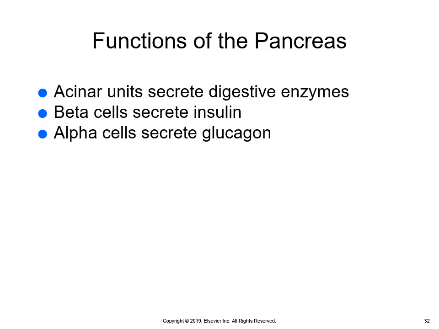All right, now we're going to look a little bit deeper into the functions of the pancreas. So we kind of discussed a little bit in the previous slide. So this slide basically highlights those opposing effects of insulin and also glucagon on carbohydrate metabolism.